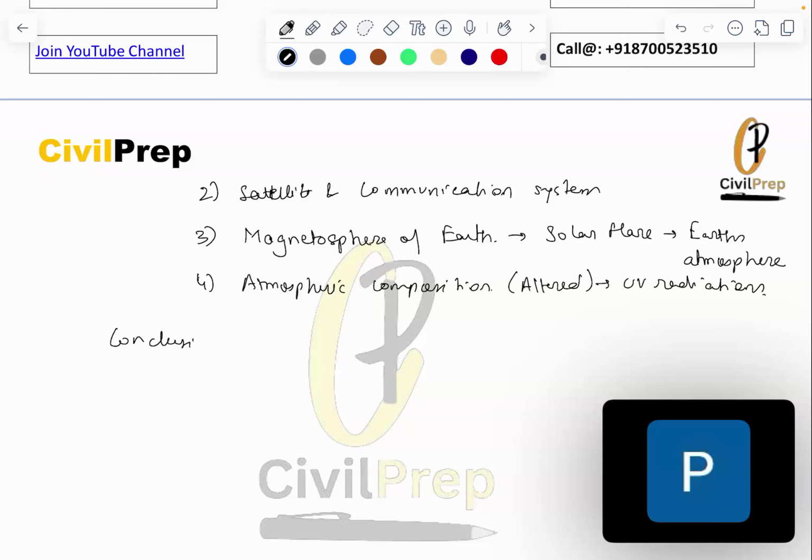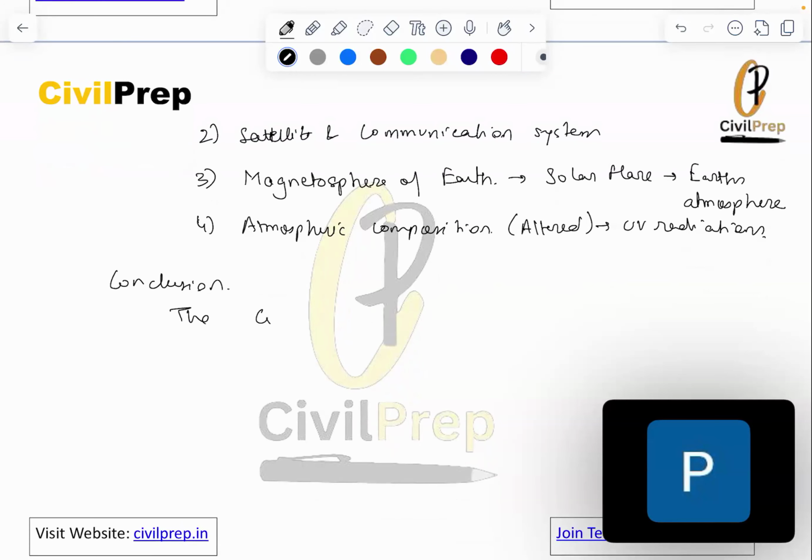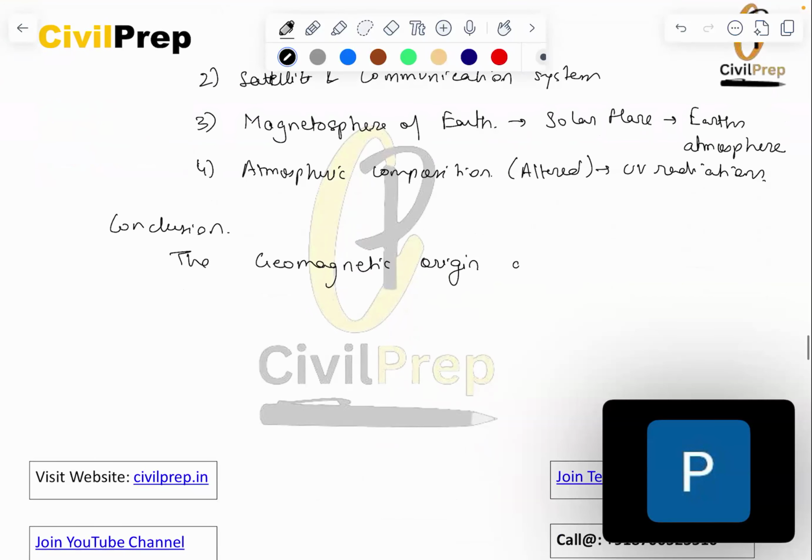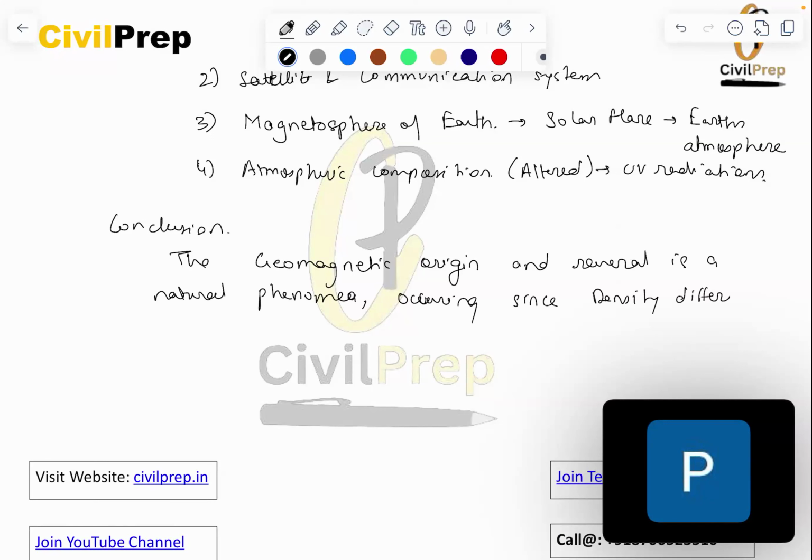Then there is the conclusion. Under the conclusion, we will see that geomagnetic origin and reversal is a natural phenomenon occurring due to density differentiation of Earth's interior.